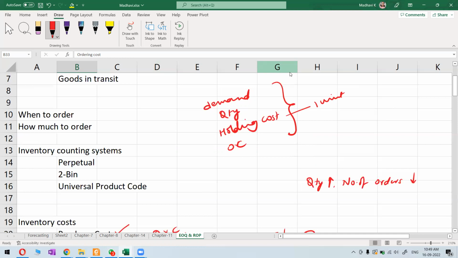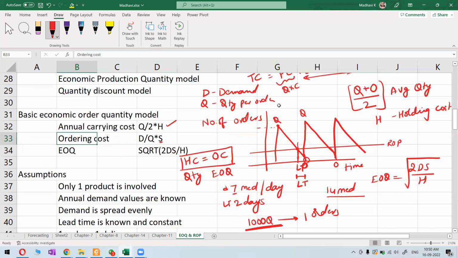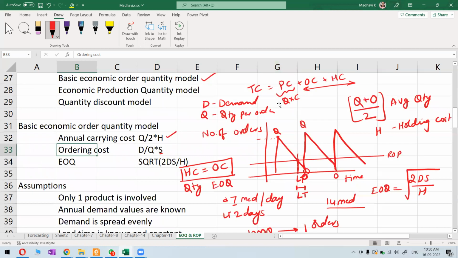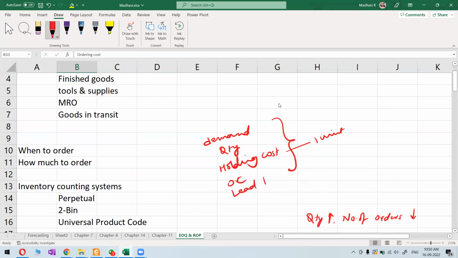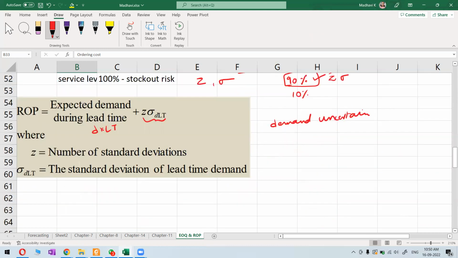If it is per month holding cost, then even the quantity and demand have to be per month. This is one tricky part of the problems. Another one is the lead time. Lead time also should be according to that only. So everything has to be represented in one particular time period only. And the rest of the things are pure substitution of the mathematics into the formula and then getting the values. Thank you.